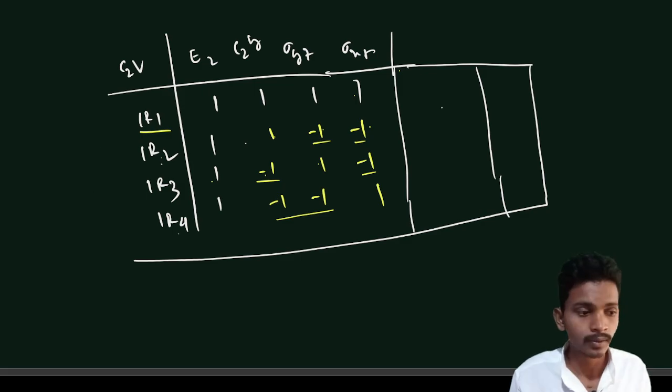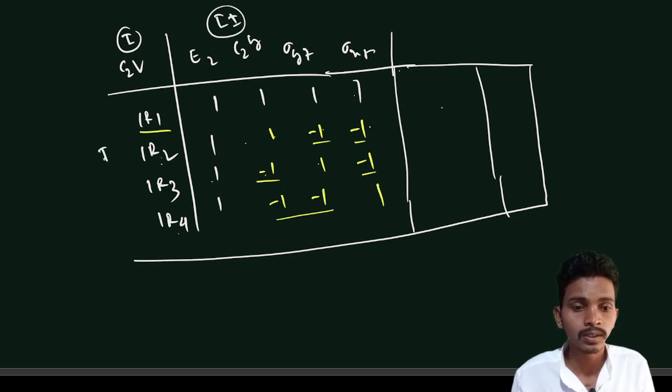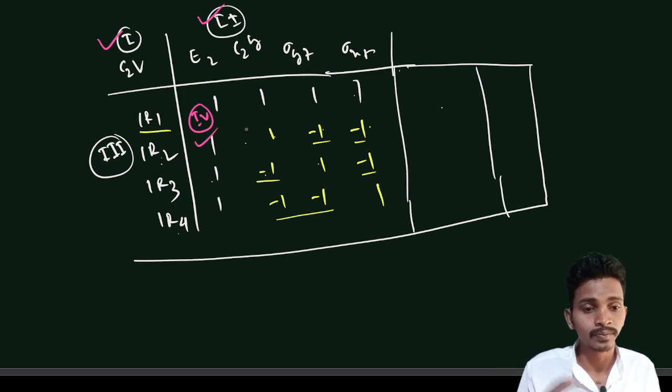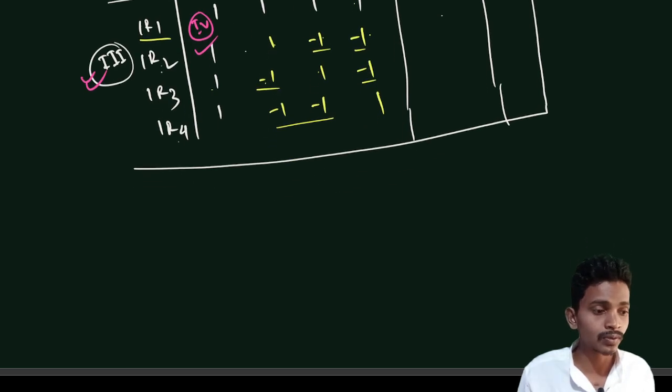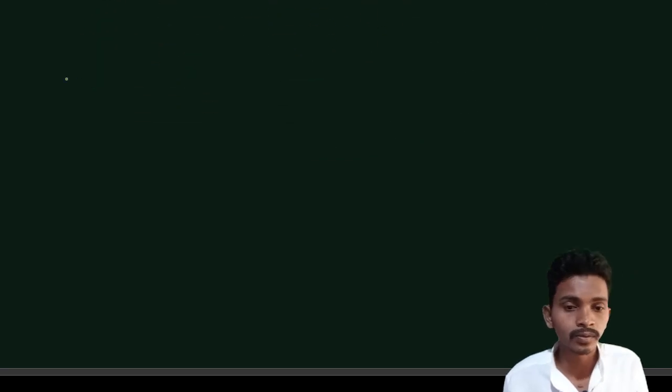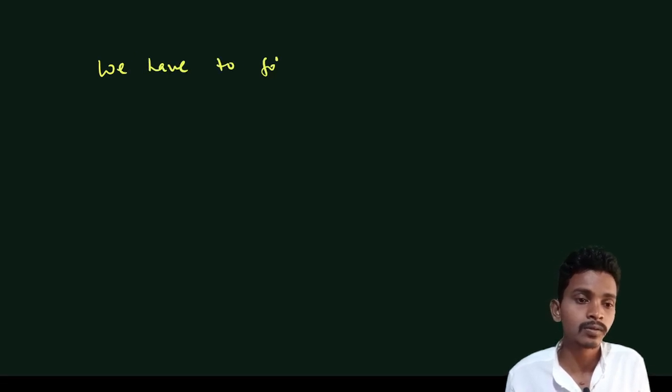So this is part 1, this is 2, this is 3, this is 4. This one we know, this one also we get, and this one also we calculate by using those 4 postulates, and to find this we have to follow the 4 rules.